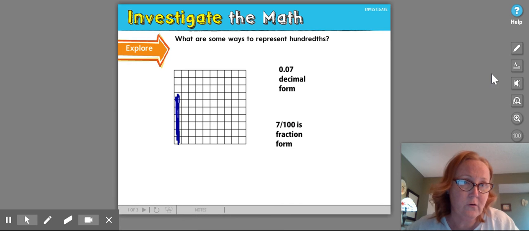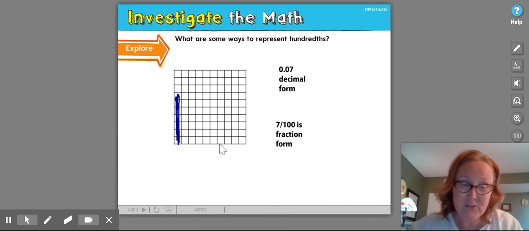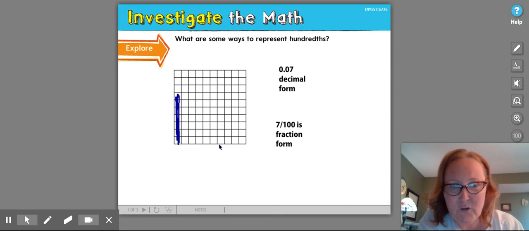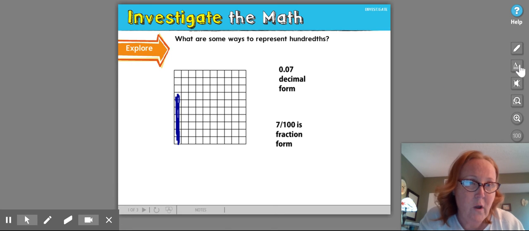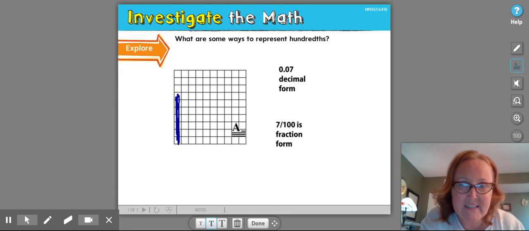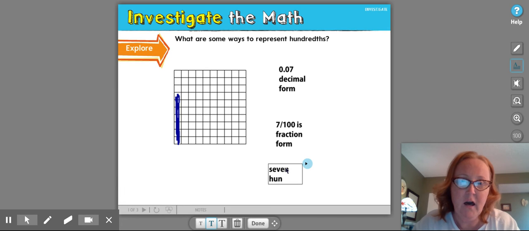There's one other way, and they had you do this yesterday too with your tenths, right? It was the last part of your tenths exercise, which is same as what we do with regular numbers, with our whole numbers. They have you write it in word form. That's right. So in word form, if I said 7 hundredths, we would just say 7 hundredths.